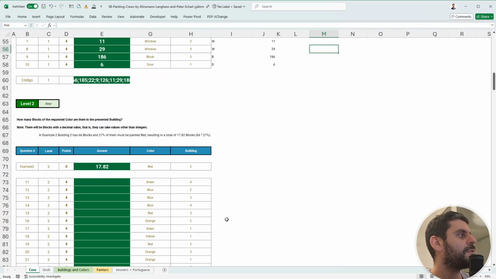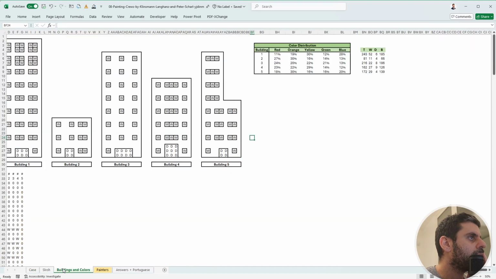How many blocks of the requested color are there in the presented building? There will be blocks with decimal value, that is, they can take values other than integers. Okay.